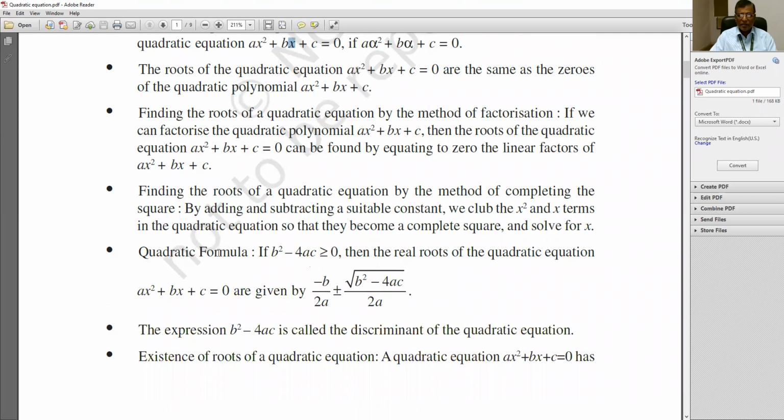Next, the point that is important for you to remember or to write is finding the roots of a quadratic equation by the method of completing the square.